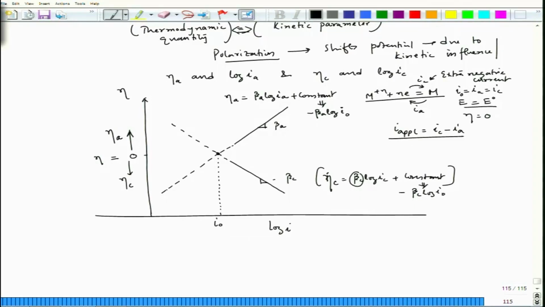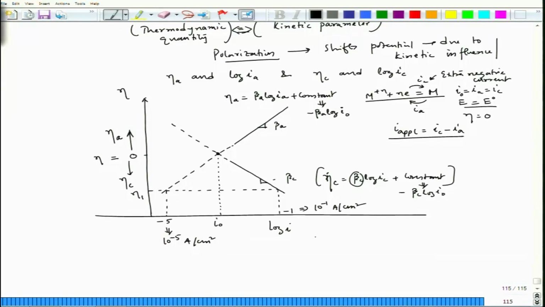Now, if I go to a very high overvoltage, let us say this is my overvoltage eta 1, at that time the log of the current density is, let us say, minus 1 and this is minus 5. So, it corresponds to a current of 10 to the power minus 5 ampere per centimeter square, and this corresponds to a current of 10 to the power minus 1 ampere per centimeter square.